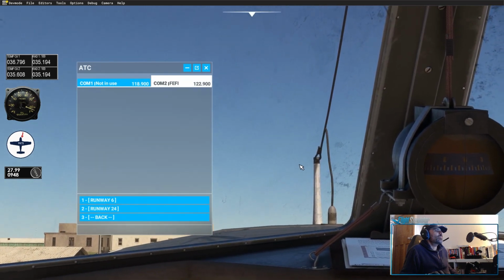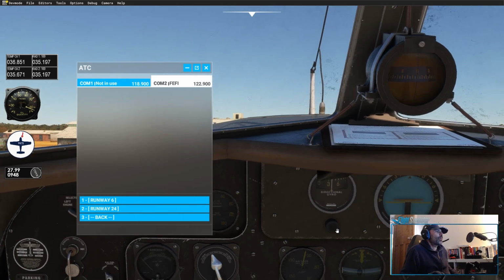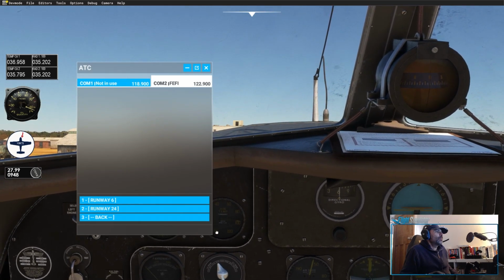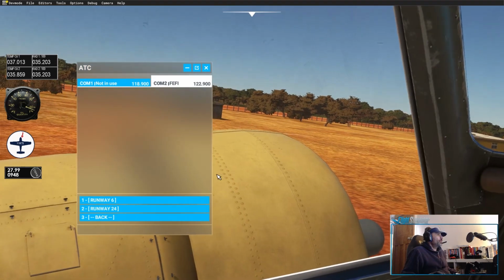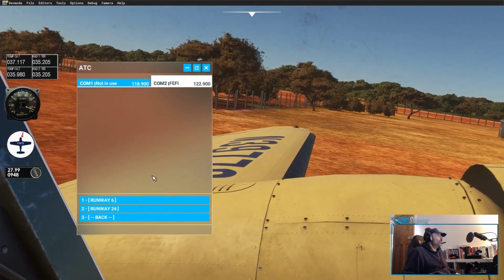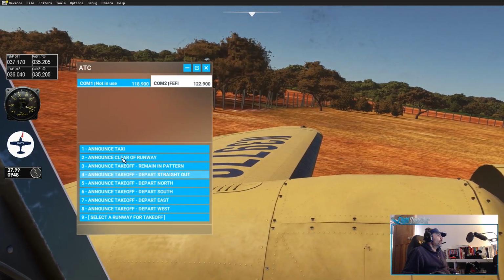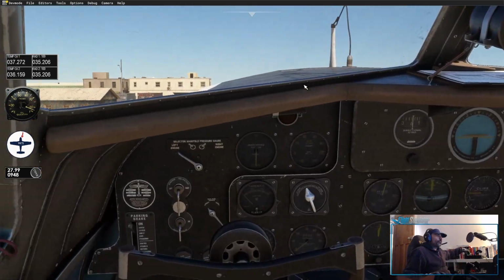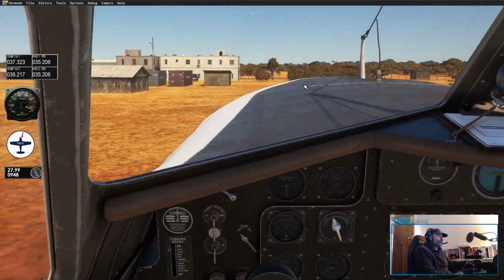No, yes, 60. So this is runway 6, I will take off runway 6. Foxtrot Echo Foxtrot India traffic, November Tree 977 Charlie is taxiing to runway 6.